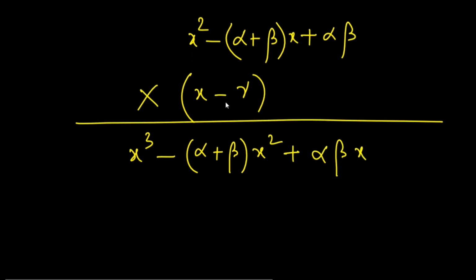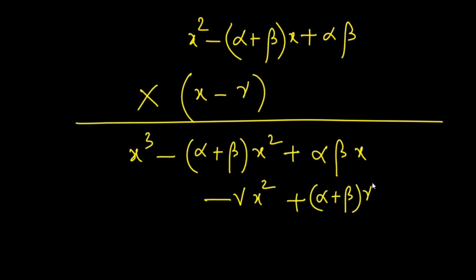Then by multiplying with minus gamma, we get minus gamma x square. Then here minus into minus is plus, plus alpha plus beta into gamma x, then minus gamma into alpha beta, that is minus alpha beta gamma.